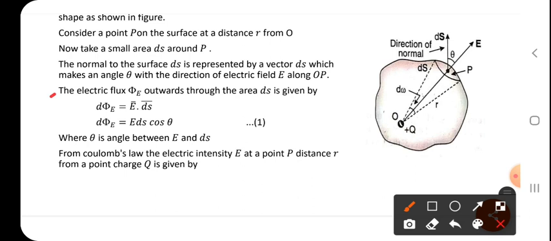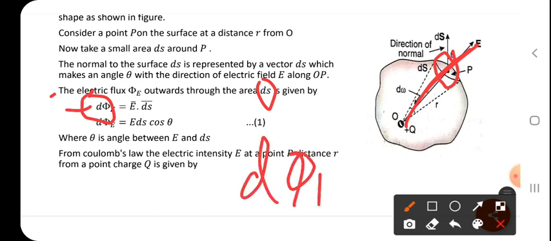The electric flux d phi E outward through the area dS is given by E dot dS. Here the area we are considering is very small, so a very small amount of flux passes through this area, which is denoted by d phi E. If you write a d, it indicates a small amount of flux, when there is a small area, right?